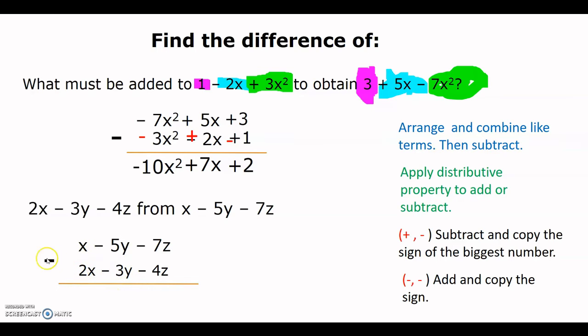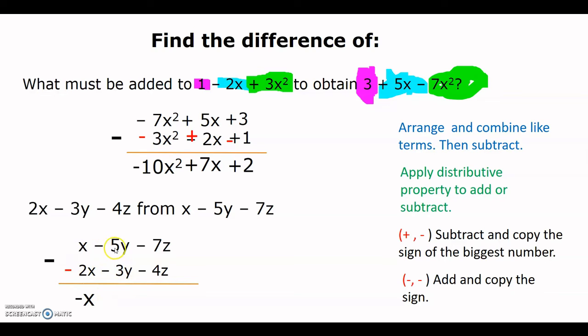So here, positive times negative is negative. So we have positive x and negative 2x. Unlike signs, subtract and copy the sign of the biggest number. Since x is understood to have a coefficient of 1, 2 minus 1 is negative x because our negative 2 is bigger than 1.